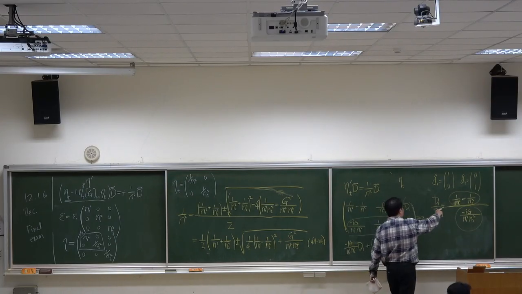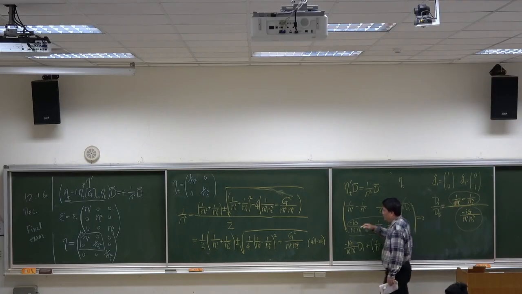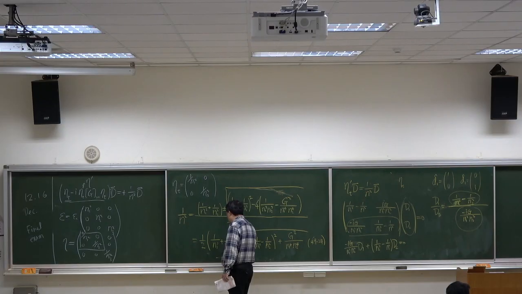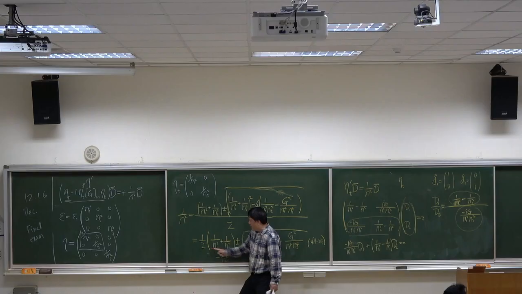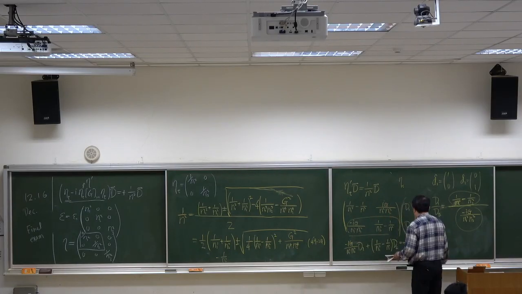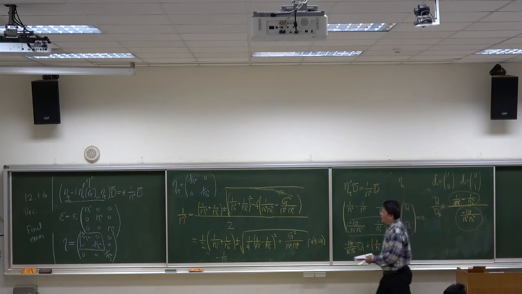If you try to 这边去解 subtract 1 over n2 squared, this becomes 1 over n1 squared minus 1 over n2 squared. So this gives us this Jones vector.